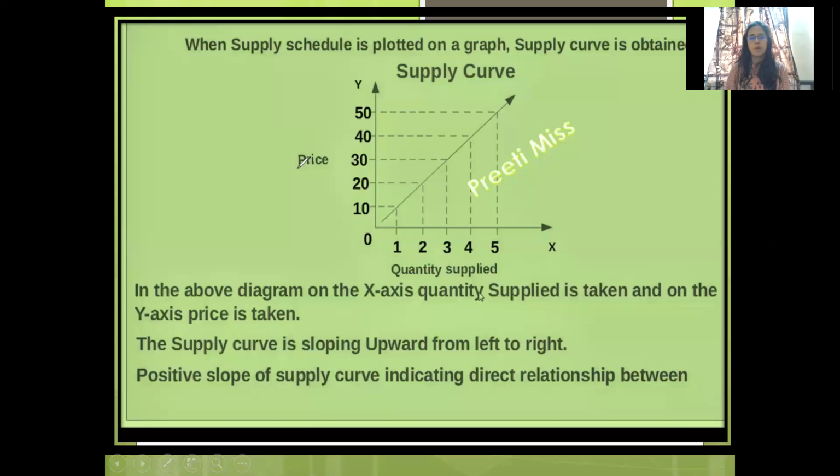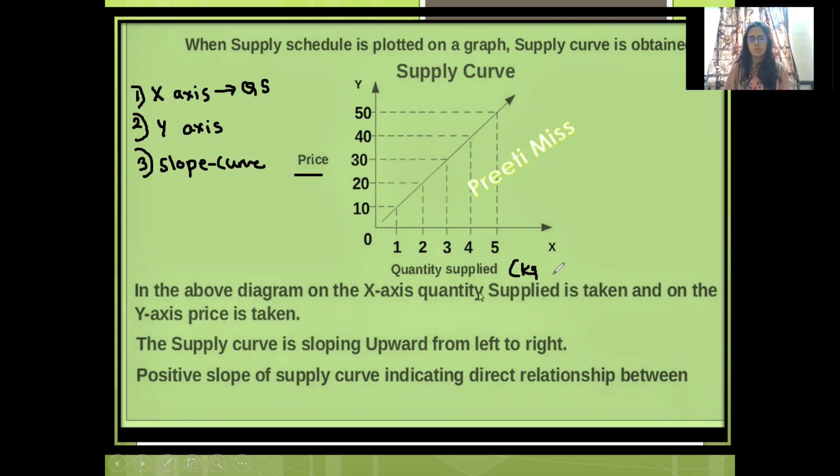Whenever you are going to explain any diagram, your first point should start with the x-axis. The x-axis indicates what, the y-axis indicates what, and the slope of the curve. Now, what does the x-axis indicate? It's quantity supplied in kg. Write down the unit also.